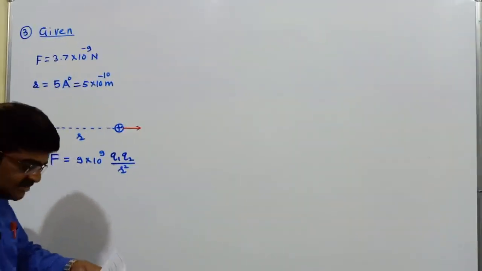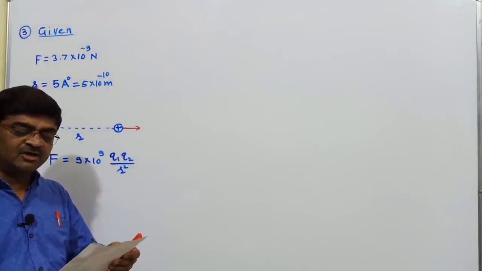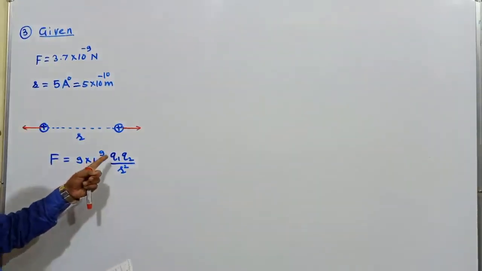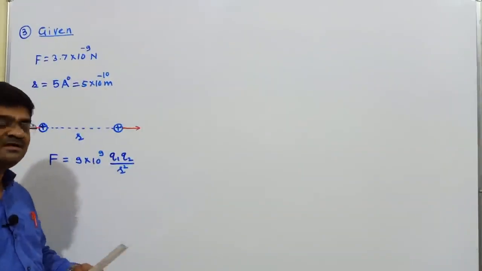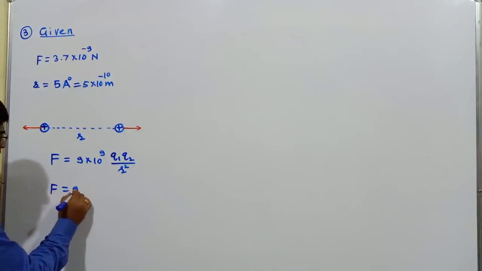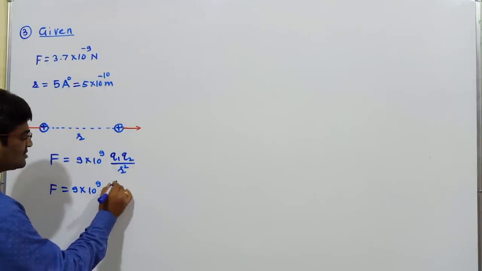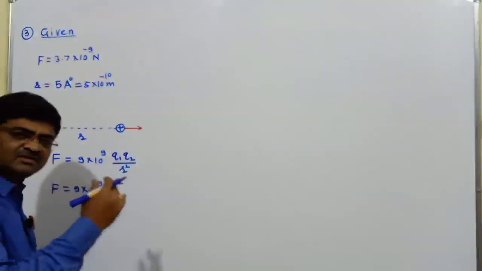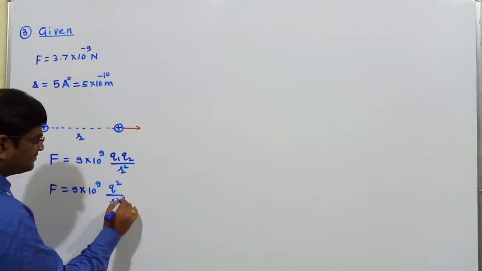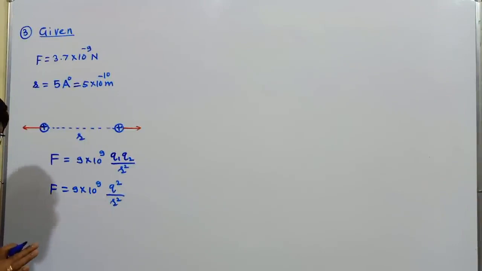Now as it is mentioned that 2 positively charged ions carry equal charges, you mean Q1 and Q2 is equal. So you can write this as F equal to 9 into 10 to the power 9, Q square, Q1 equal to Q2 equal to Q I am taking, divided by R square. So what I have to do is rearrange this equation.